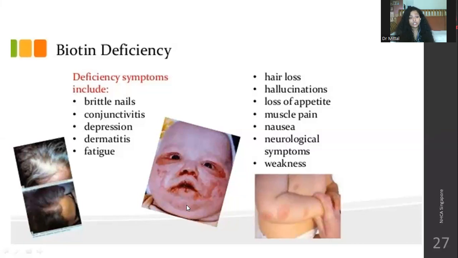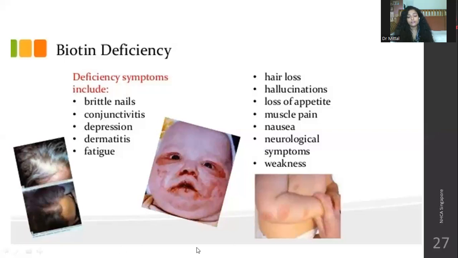Deficiency could lead to brittle nails, conjunctivitis, depression, dermatitis, fatigue, and hair loss as well, hallucination, loss of appetite, muscle pain, nausea, neurological symptoms like paresthesia, numbness, tingling, generalized weakness, fatigue. These things are associated with biotin deficiency.